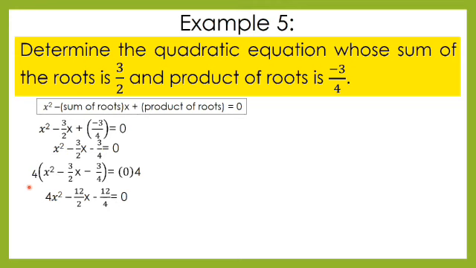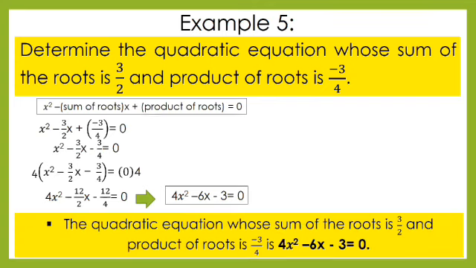We do the distributive property here. And then, we simplify. We now have 4x squared, negative 12 over 2 is negative 6x, negative 12 divided by 4 is negative 3 equals 0.